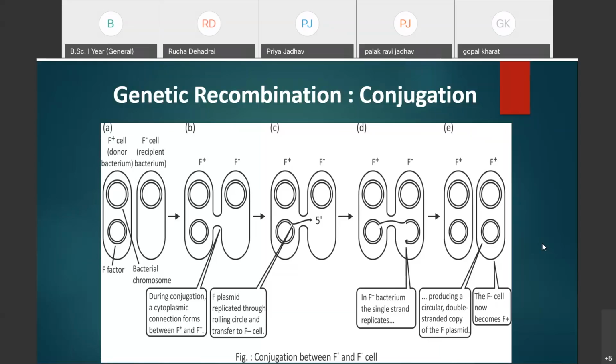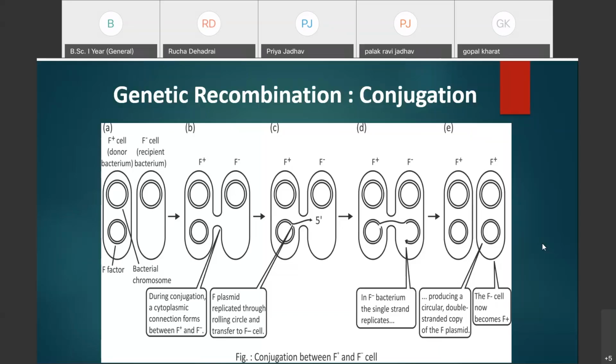But in the remaining two methods, transduction and transformation, the two bacterial cells never come in close contact with each other. That is the difference between these three methods. Don't forget this. We will discuss all three methods one by one.